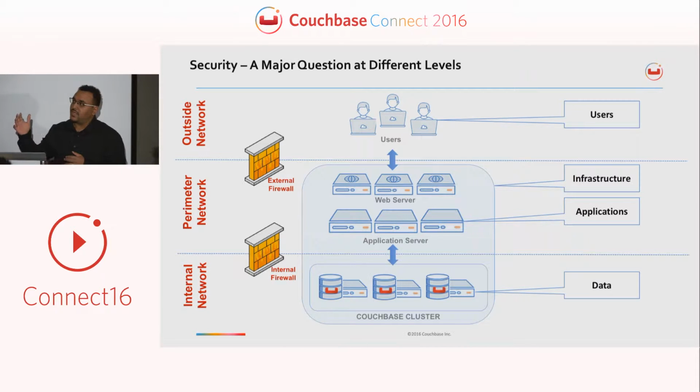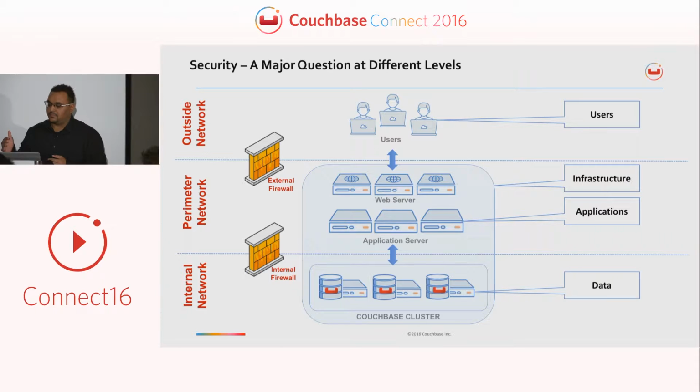Application users connect to Couchbase through a web app served through a web server, then the business logic is managed in the application server, and finally the data, the most important piece that needs to be protected, resides in the database. In the next few slides we're going to talk about each of these aspects and the things you can do at each of these levels.